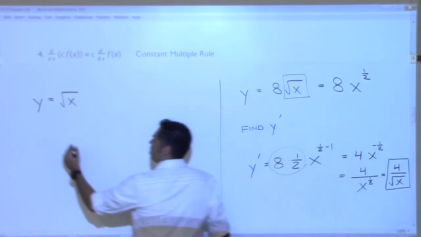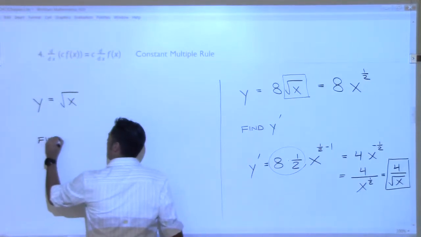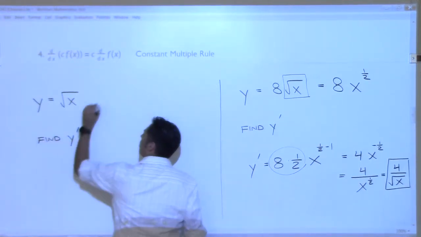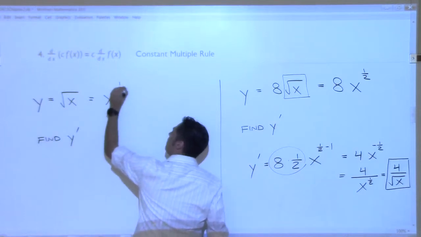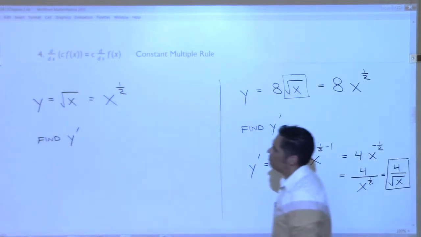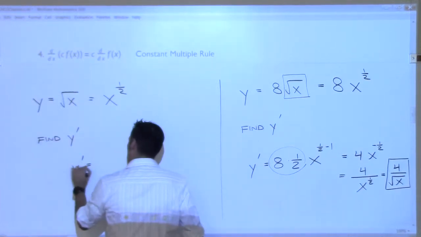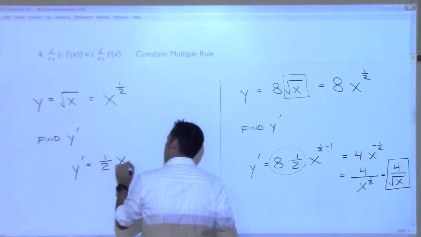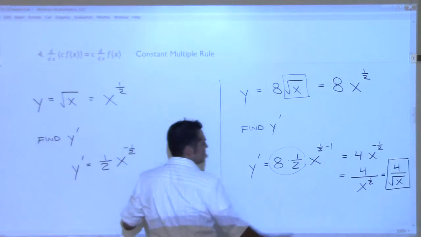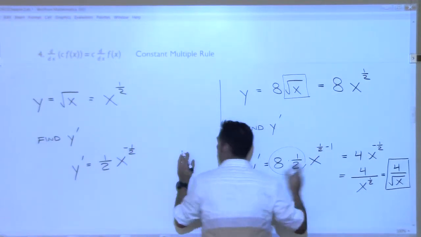So first of all, let's rewrite it as a power. This is the same as x to the half, right? So what would my derivative be here? 1/2 x to the negative 1/2. It's basically what we just did here, but there's no 8 in front.